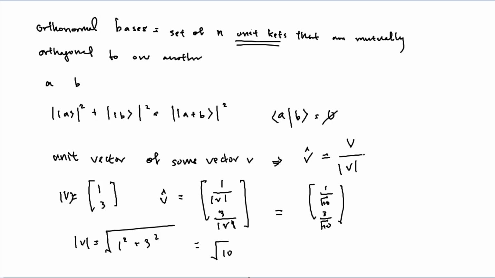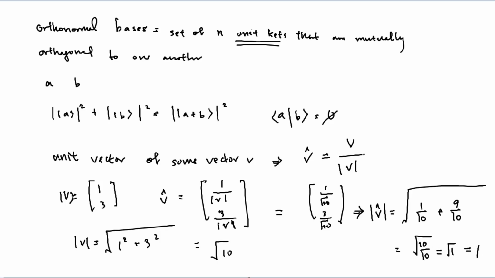So if you plug this in and consider the magnitude of v hat specifically, you figure out that it comes to 1. The square of 1 over root 10 is equal to 1 over 10, and the square of 3 over root 10 is equal to 9 over 10, and this sums to 10 over 10, so the root of that is the root of 1, which is equal to 1.